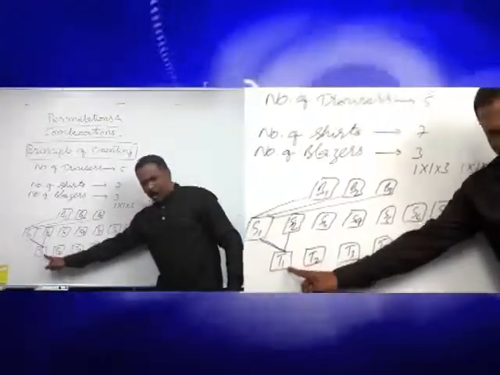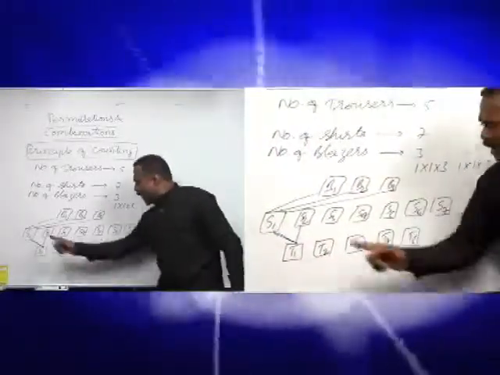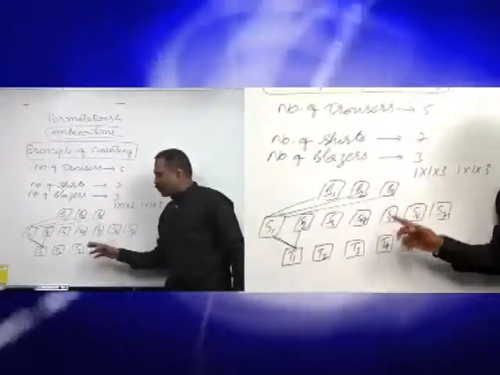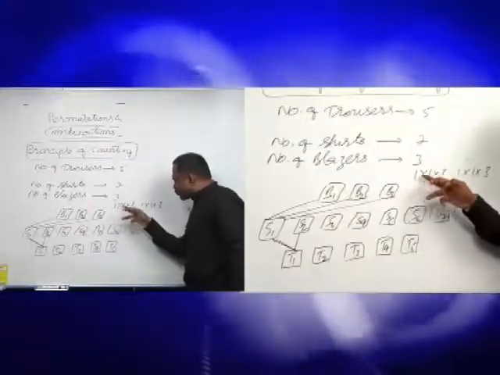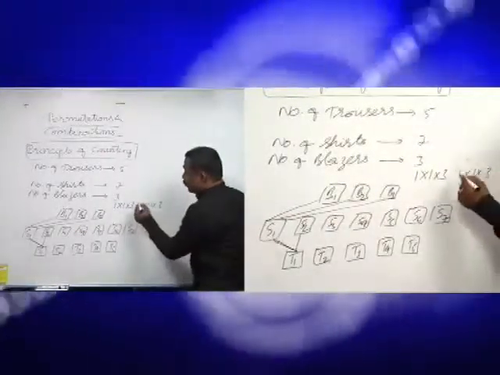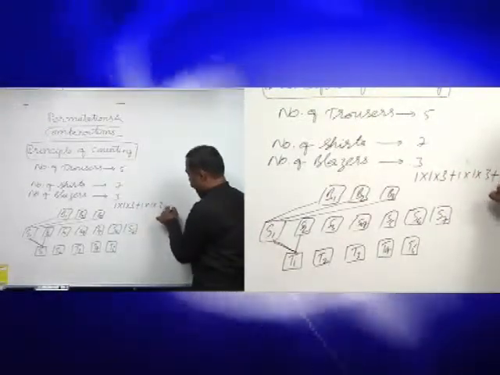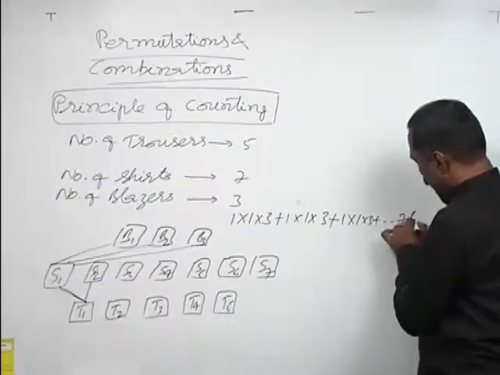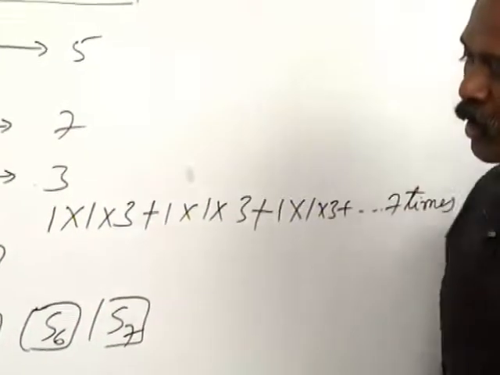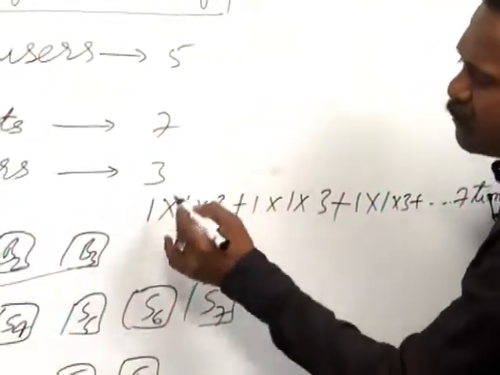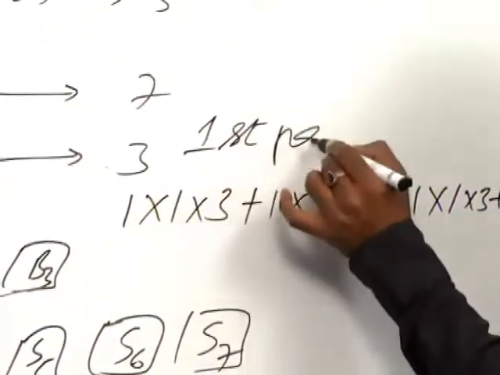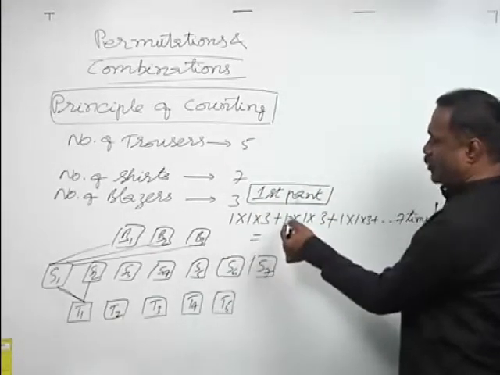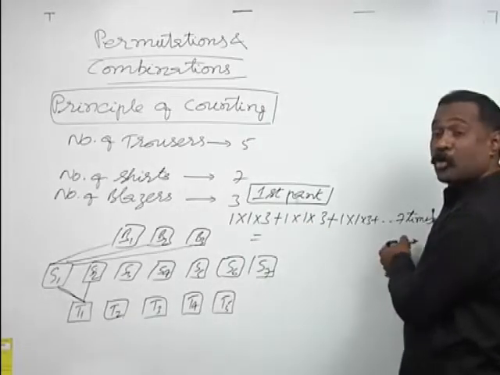So for trouser 1, that is the first pant, he has 7 shirts. Again for each shirt he has 3 blazers. So he will get 7 such different combinations in this case: 1 into 1 into 3 plus 1 into 1 into 3 plus so on, 7 times.